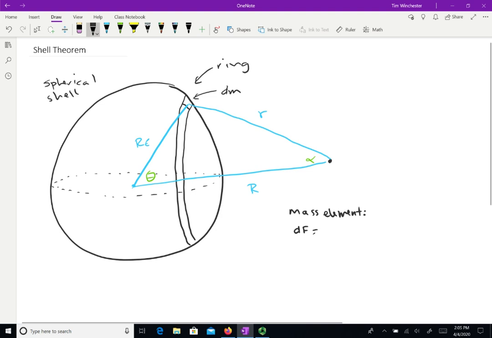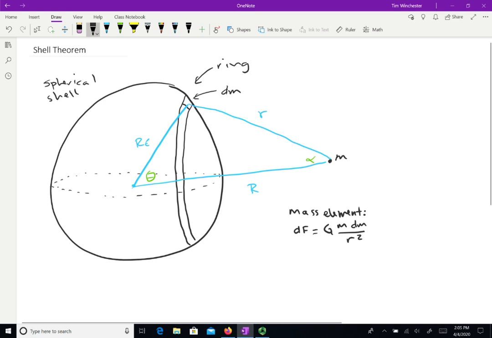It is going to be equal to G times the mass of the object, which I'm going to call m, and then dm, which is the mass of that element, over r squared. And r is that distance from, again, the object to that little mass element. Okay, so that's just Newton's law of universal gravitation.